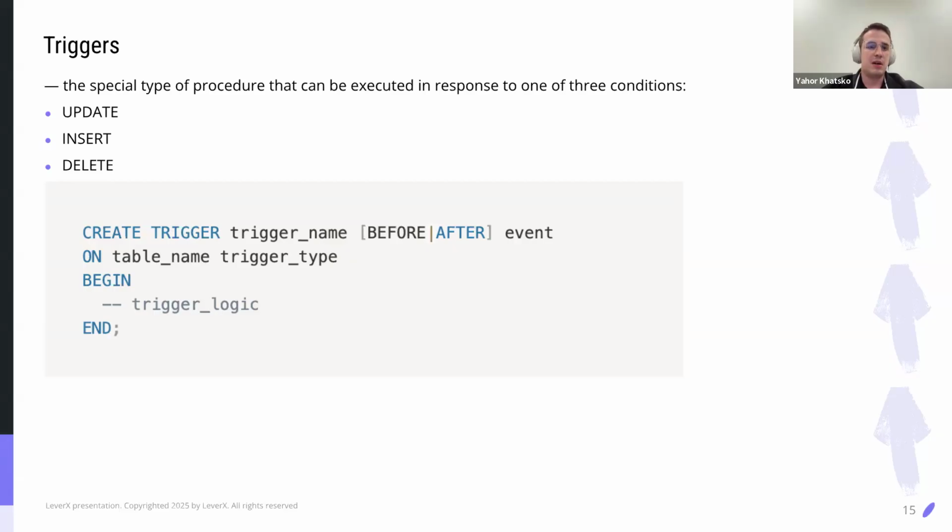Yeah, but you should be careful with triggers, because they are not easy to understand. They are hidden from the general logic. So basically, if you open the code, you will see there's just an insert, but under the hood there will be actually logic that will update some value in another table.